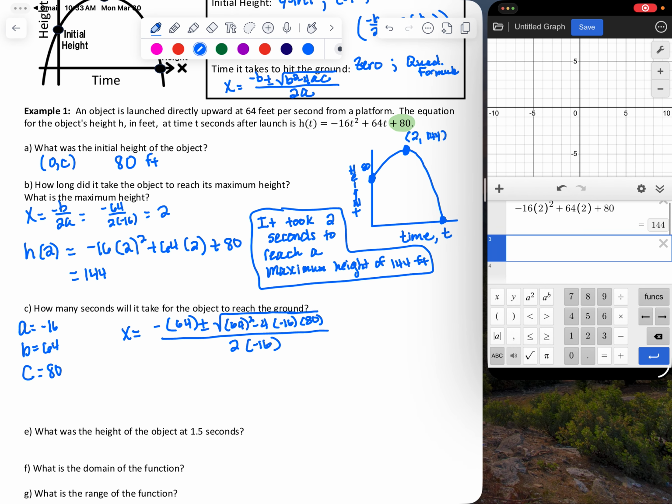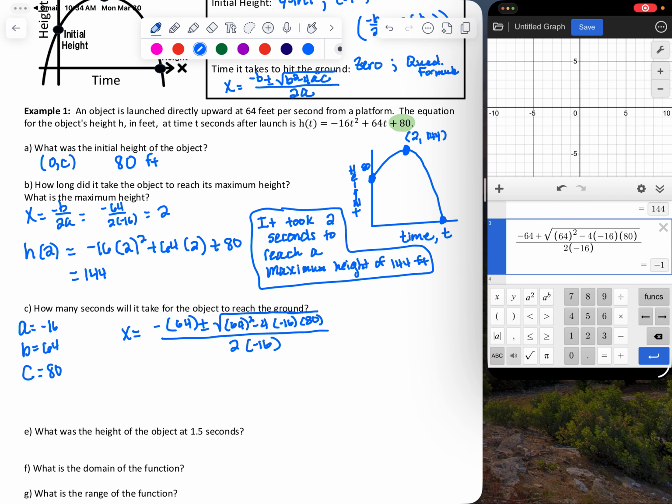All right, so I'm going to come over here. I'm going to press the division button, and I'm going to type in negative 64, and I'm going to use plus square root, parenthesis, 64, parenthesis, squared, minus 4, parenthesis, negative 16, parenthesis, 80, over 2, parenthesis, negative 16.